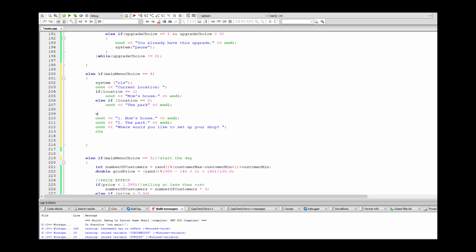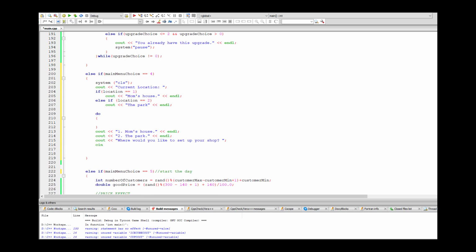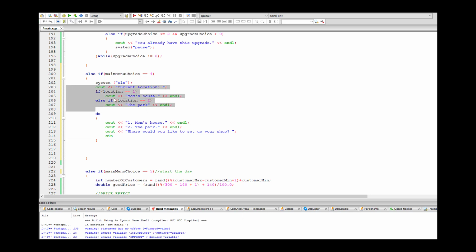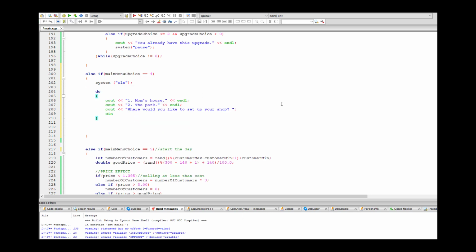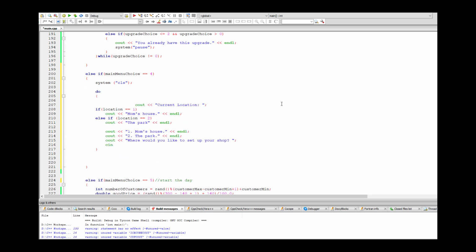Now, whenever we take input, you always have to think that the user might want to mess with you or do something wrong. So we're going to say, well, what if they don't put in a 1 or a 2? What we're actually going to do is just trap them here, so they cannot get out of this until they put in a 1 or a 2.